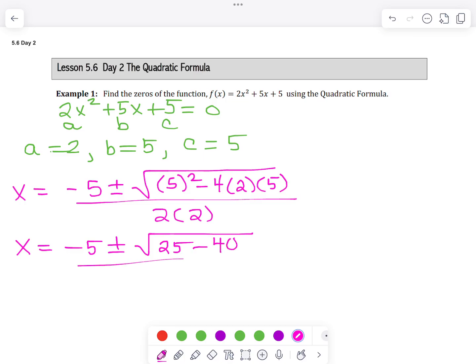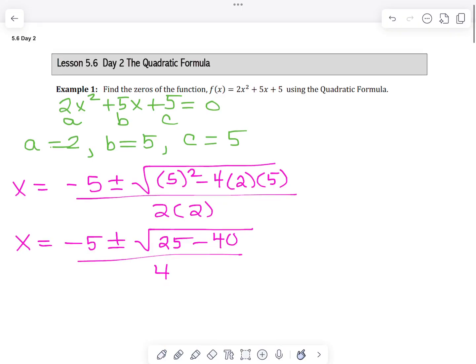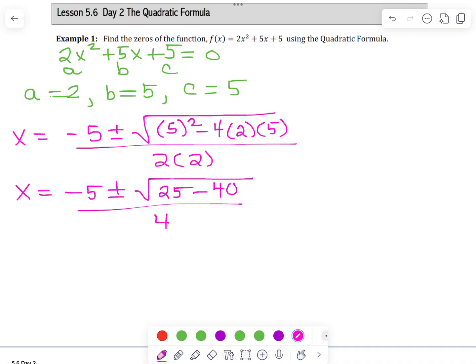And then in the denominator, 2 times 2 is 4. Continue with the discriminant, which is underneath the radical. 25 minus 40 is negative 15. Since our discriminant is a negative, we're going to have two non-real solutions.